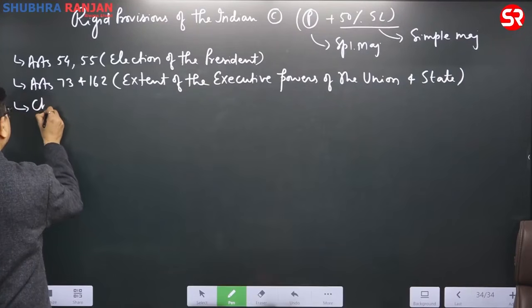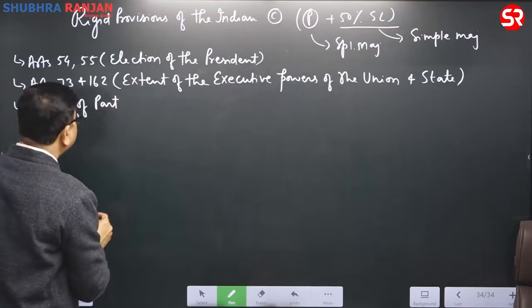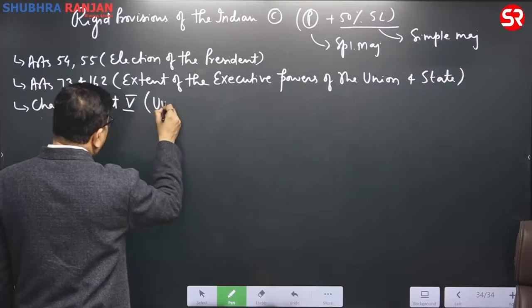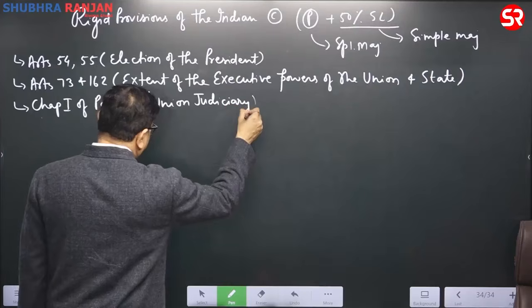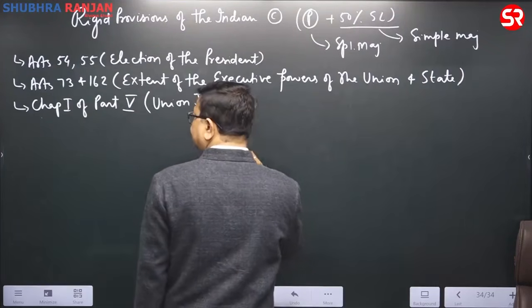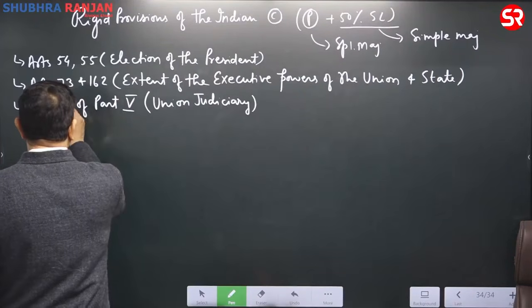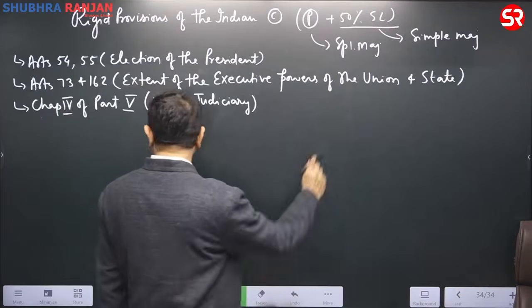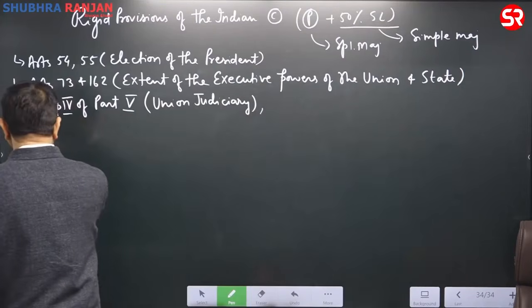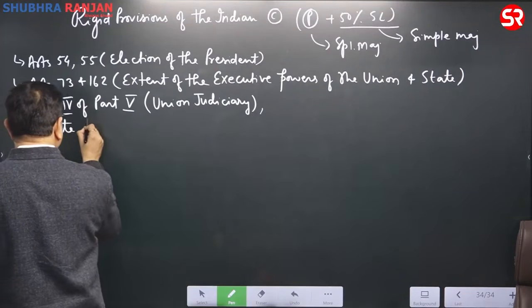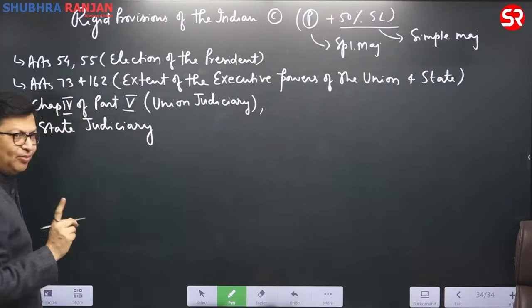Then chapter 1 of part 5, Union Judiciary, then chapter 4 of part 5, and then the provisions regarding the state judiciary, that is chapter 5 of part 6.